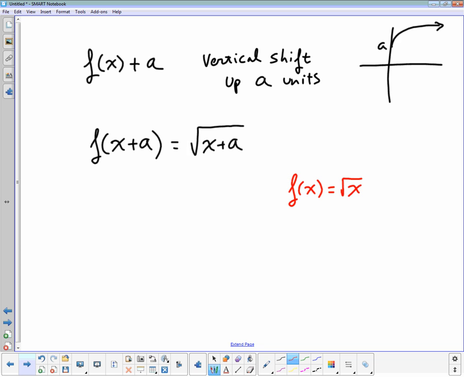I've now substituted x with x plus a. Whatever goes inside the parentheses, as we've learned in Algebra 1 and all of our previous courses, gets substituted for every x.